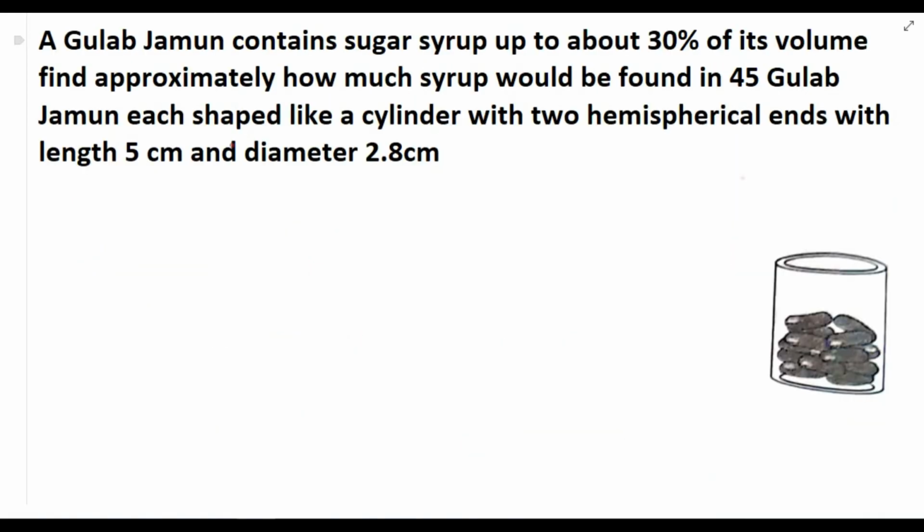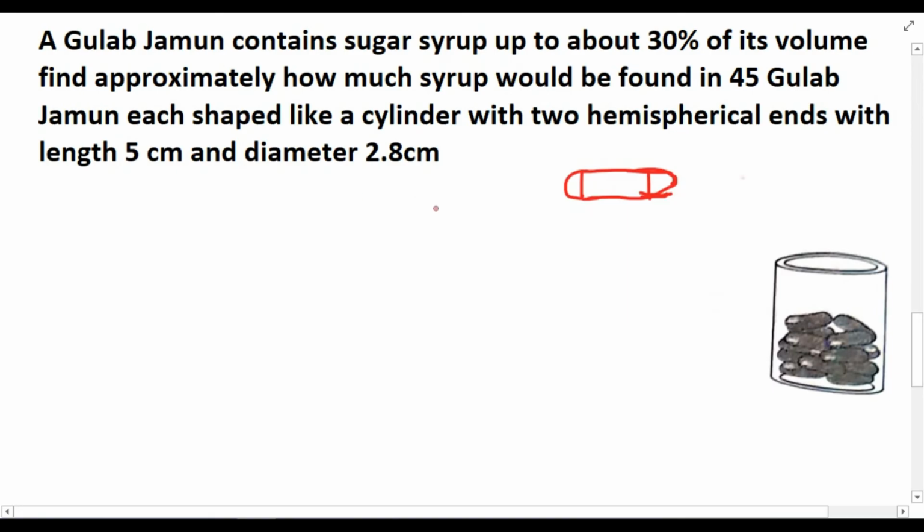Next question. A gulab jamun contains sugar syrup up to about 30% of its volume. We need to find out how much syrup would be found in 45 gulab jamun. And each gulab jamun is shaped like a cylinder with 2 hemispheres at the ends. We have 2 hemispheres and the cylinder.